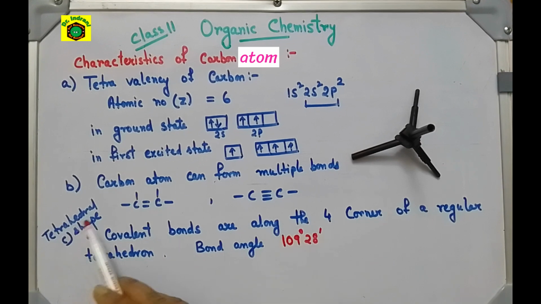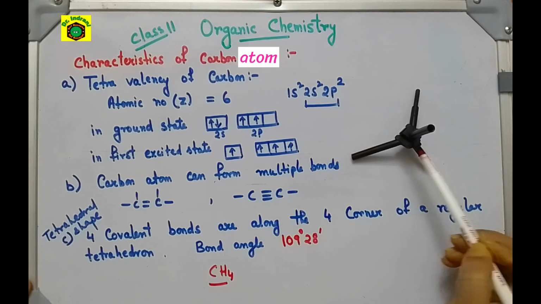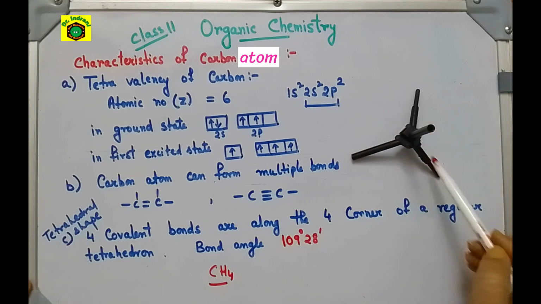Next point, tetrahedral shape. As for example, methane. This is methane. Methane molecule is tetrahedral in shape. 4 covalent bonds are along the 4 corners of a regular tetrahedron, and here bond angle is 109 degree 28 minutes. This is the central carbon atom, consider methane, and here 4 covalent bonds are there.